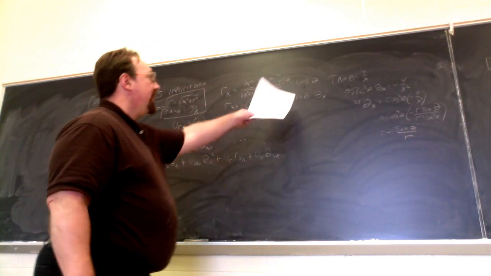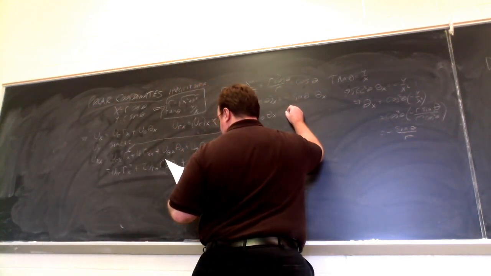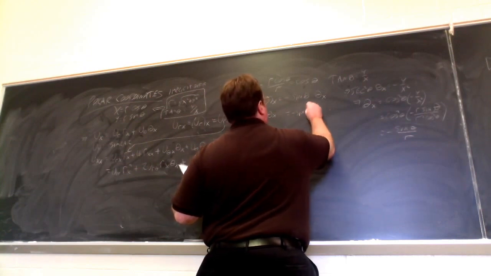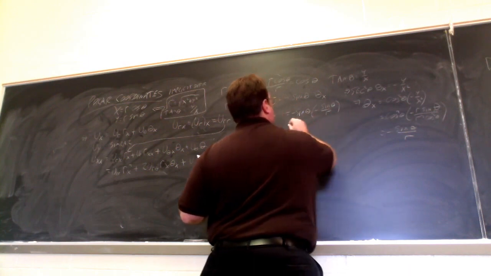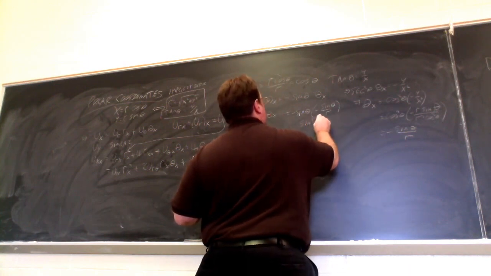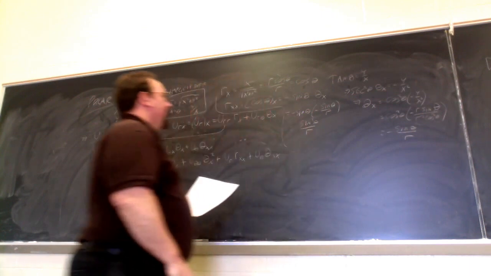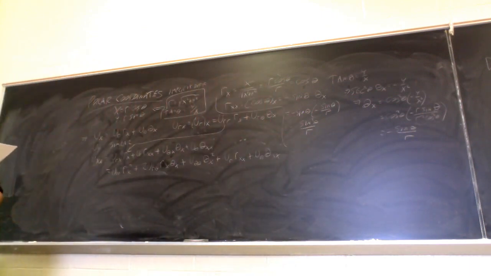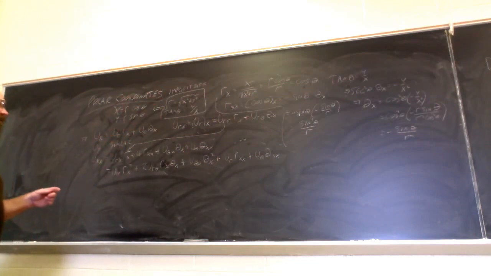So now I can plug that back in here. So I get minus sine theta times minus sine theta over r, and I get sine squared theta over r. So that is Rxx.